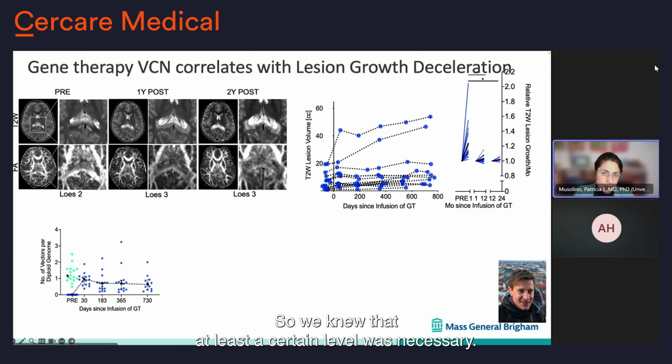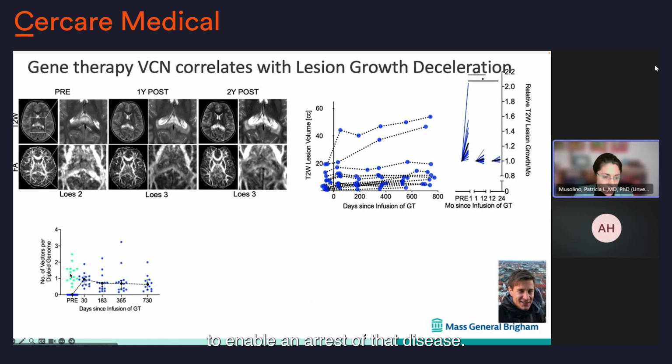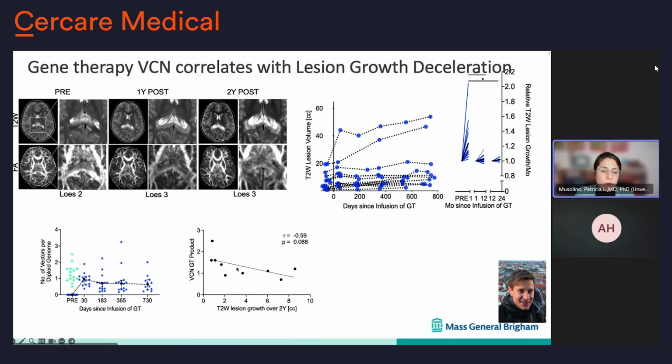We knew that at least a certain level was necessary, and we did a correlation with T2 lesion growth, and we saw a correlation between drug product and the rate of deceleration of those lesions. In fact, we were able to mark a threshold that is necessary to optimize the production of this cell gene therapy to enable an arrest of that disease.